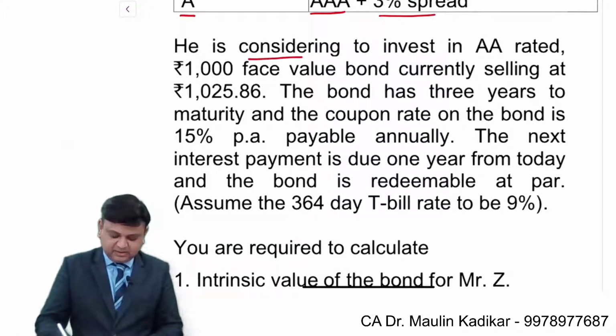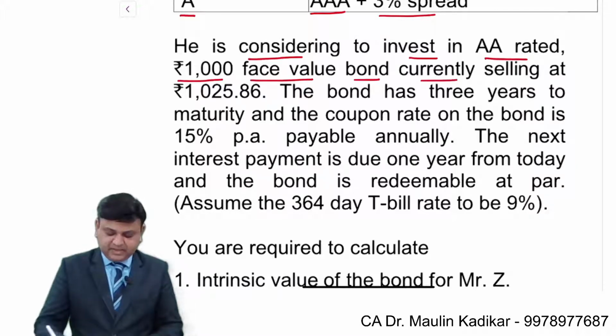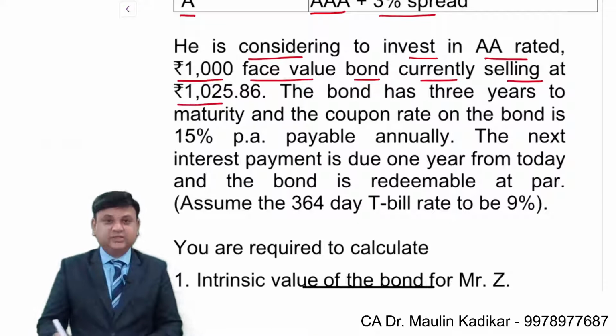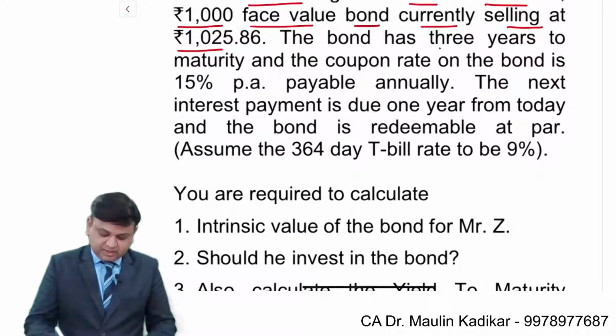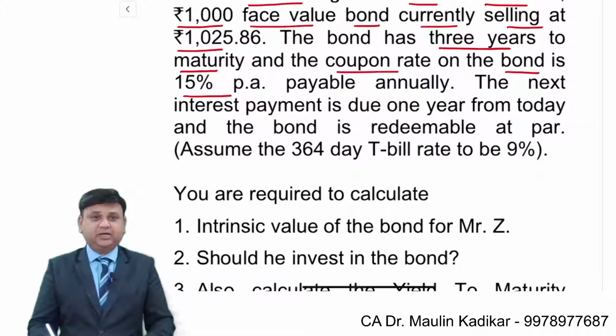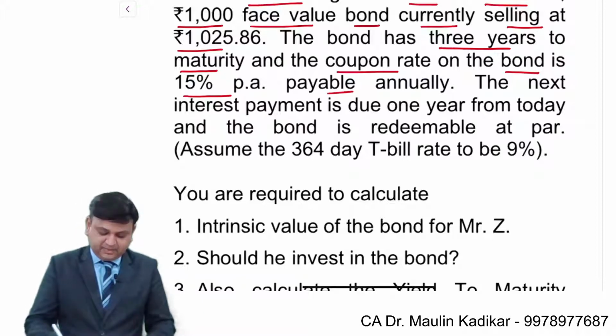He is considering to invest in AA rated rupees 1000 face value bond, currently selling at rupees 1025.86. The bond has 3 years to maturity and coupon rate on the bond is 15% per annum, payable annually.